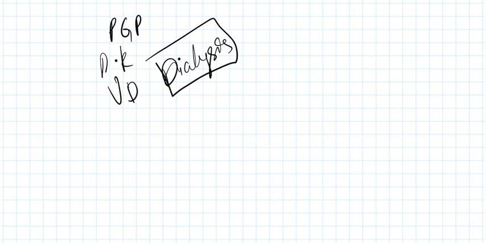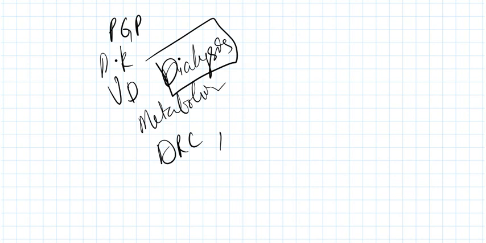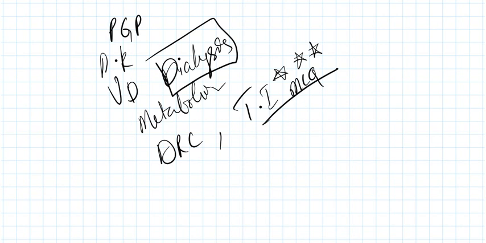Then we'll discuss metabolism regarding pharmacokinetics, and we'll also discuss the dose response curve, right? Then we'll also discuss something very important, therapeutic index. It's a very important topic. 3-star, you'll get one MCQ for sure from therapeutic index.